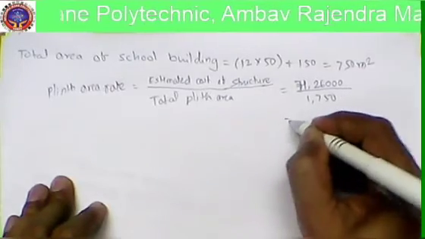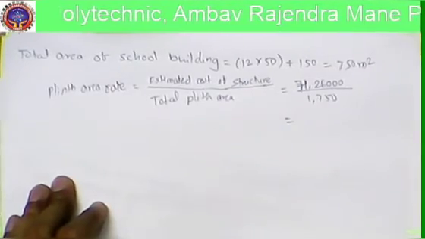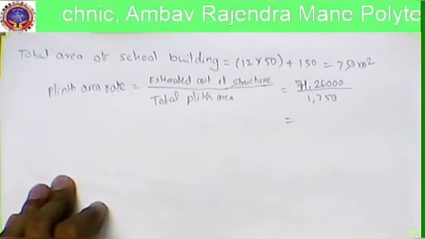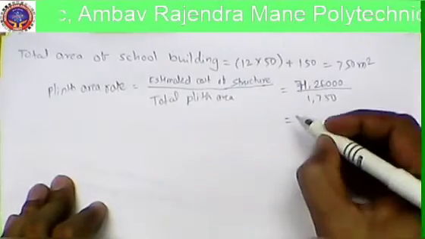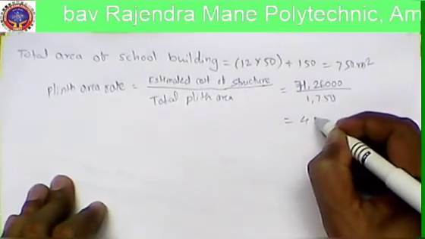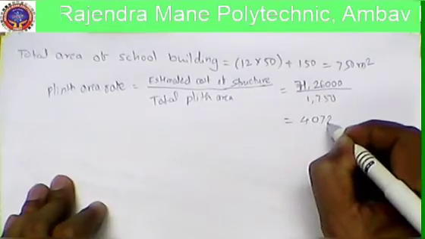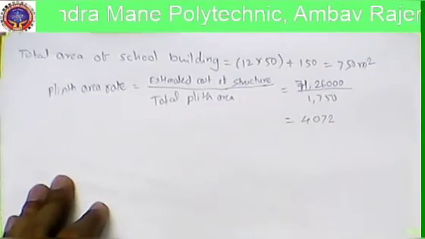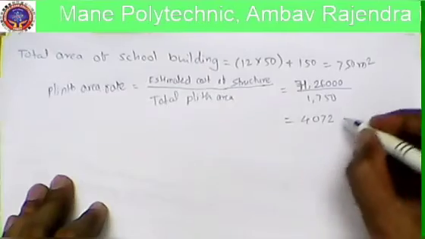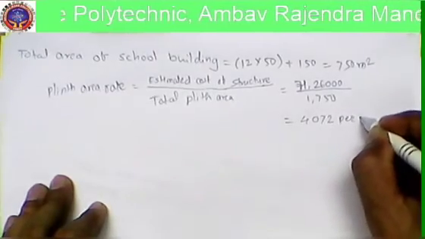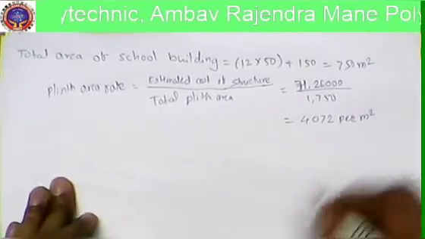So the plinth area rate of the existing school is equal to rupees 4072 per square meter.